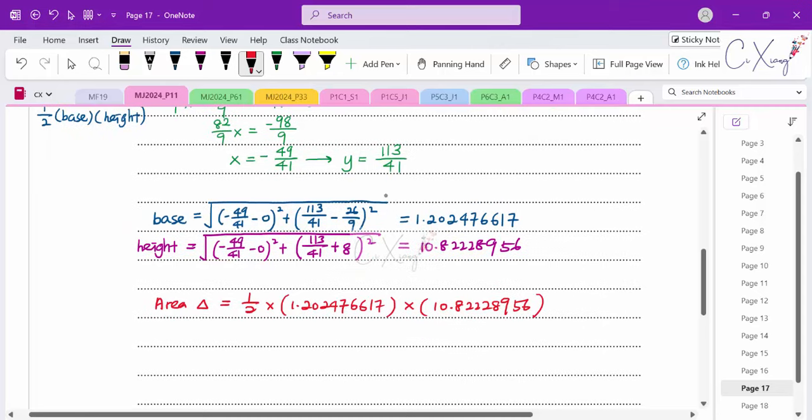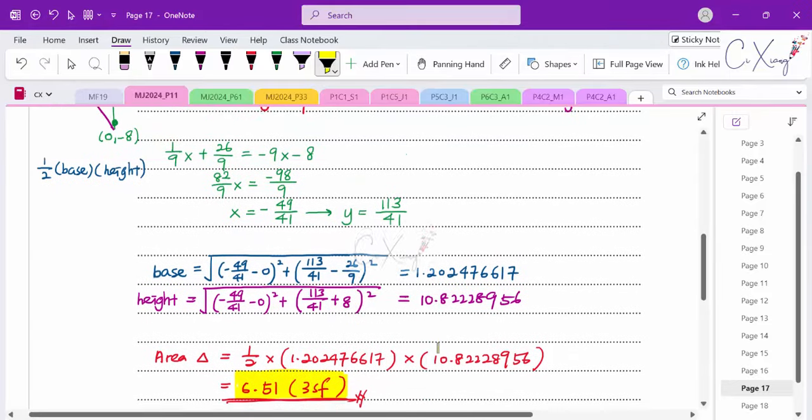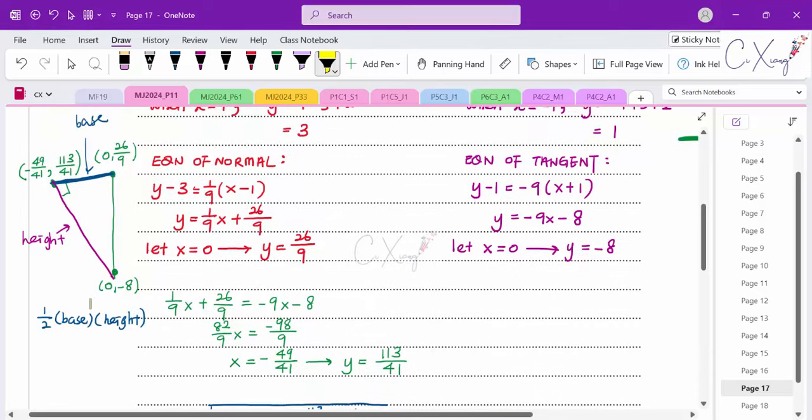Then simplify the answer, and I will get 6.51, correct to 3 significant figures. Alright, so this is how we get the area of the triangle in this case.